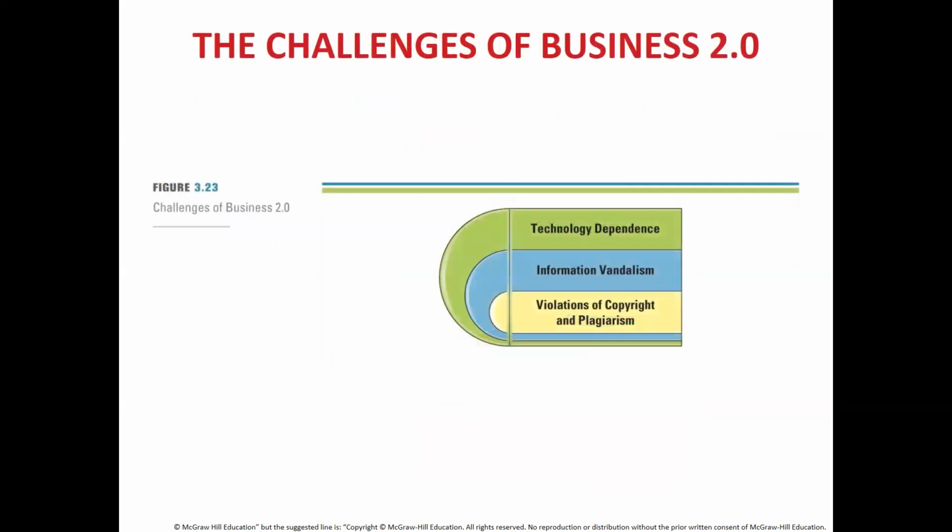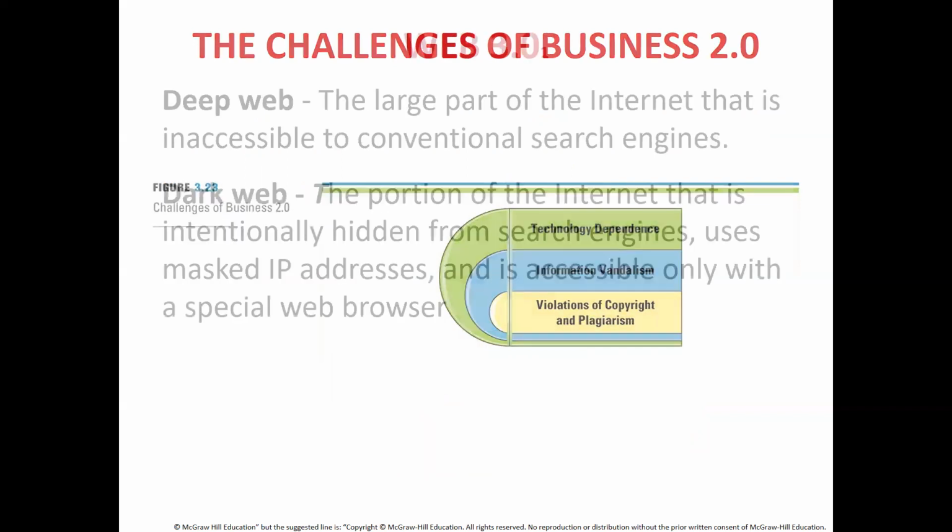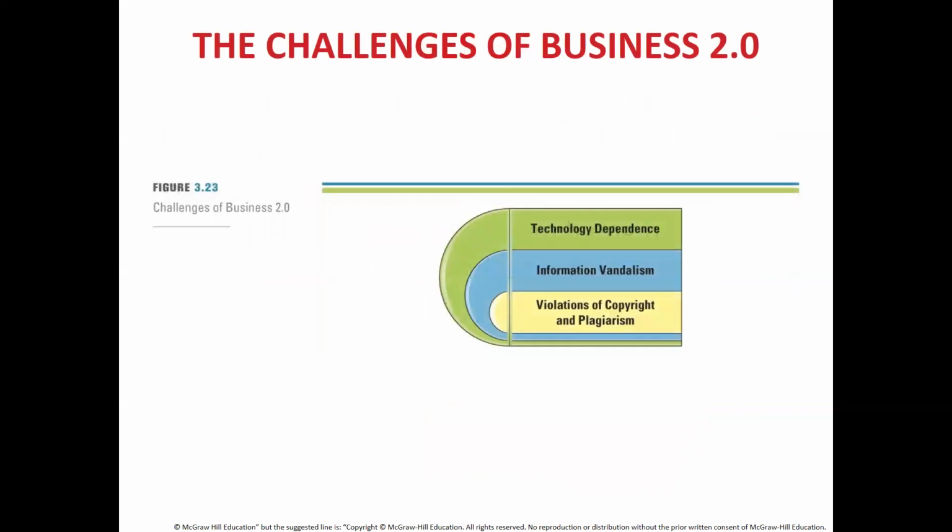Challenges of business 2.0. So there are a few challenges. You have technology dependence, you have information vandalism, and then you have violations of copyright and plagiarism. And what these are is as follows.